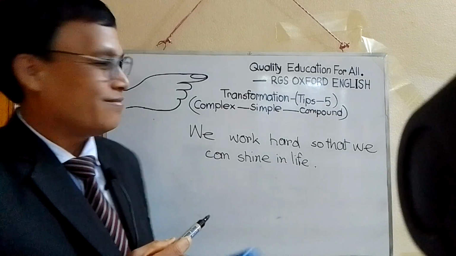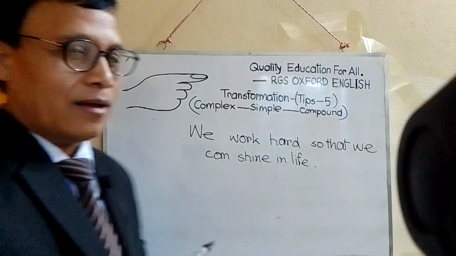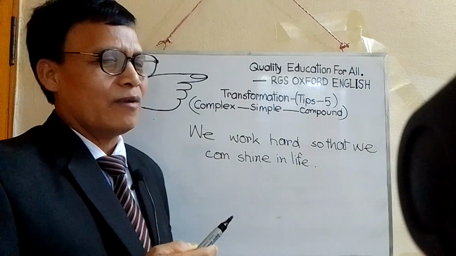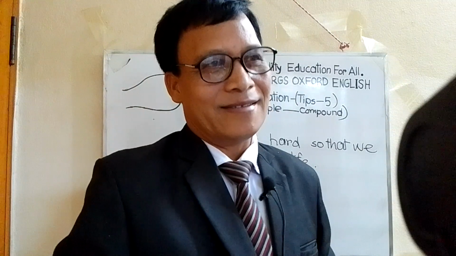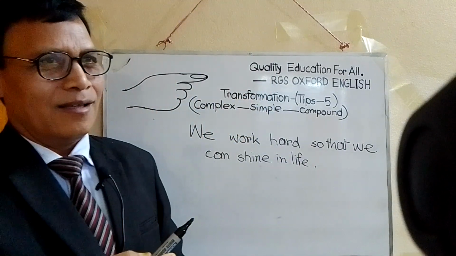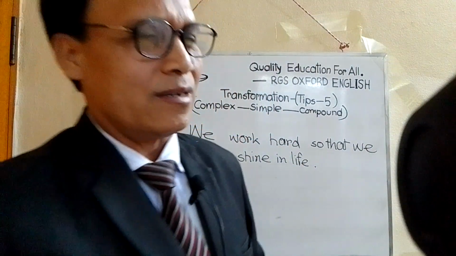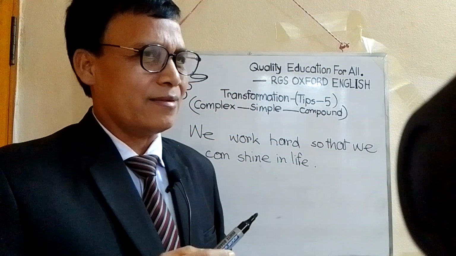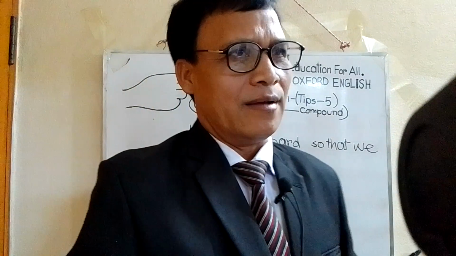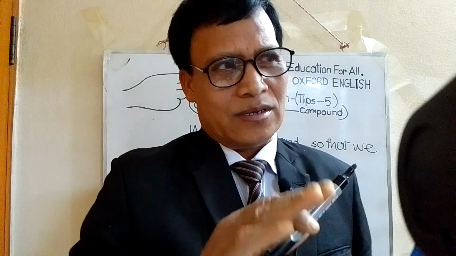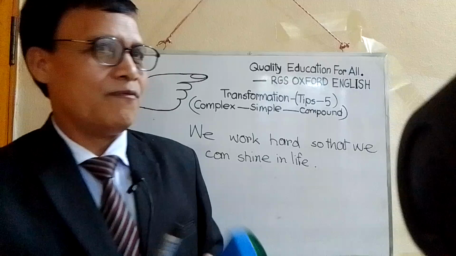And how will we turn the sentence into simple? Here, one tip is very important and very easy for us: the adverbial phrase. You know the adverbial phrase, how we make the adverbial phrase, and how we turn the clause into an adverbial phrase.